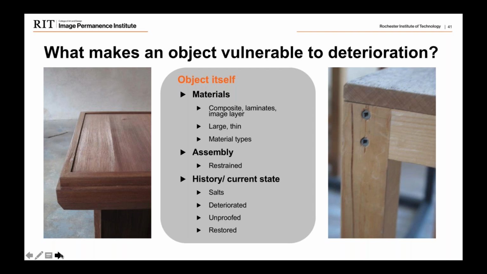You can also see on the right, this is something that's restrained. This block of wood in a chair has been restrained by the other pieces of wood as well as those nails, and so cracks have formed because it's tried to shrink and expand into areas that it can't. And there are a number of other factors as well that can result in an object being more vulnerable.